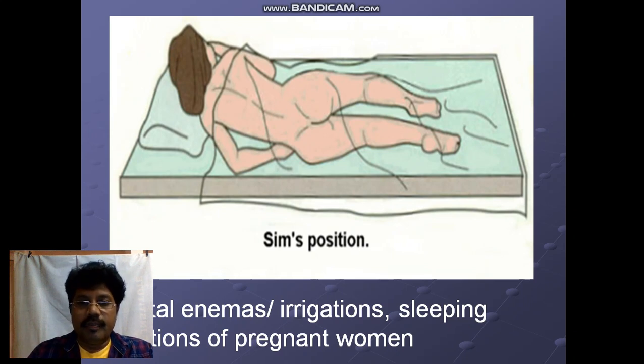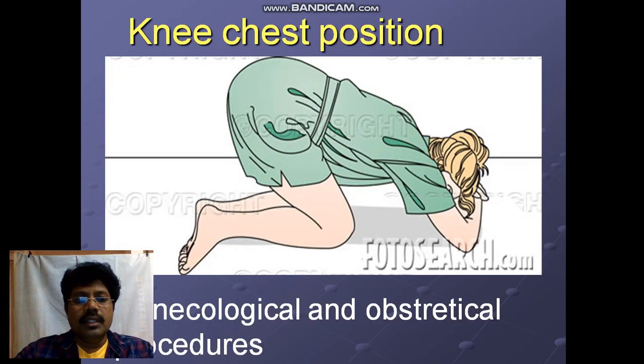This is another type of position, the knee chest position, otherwise known as the genupectoral position. This position is very useful for gynecological and obstetrical examinations of patients with or without pregnancy.